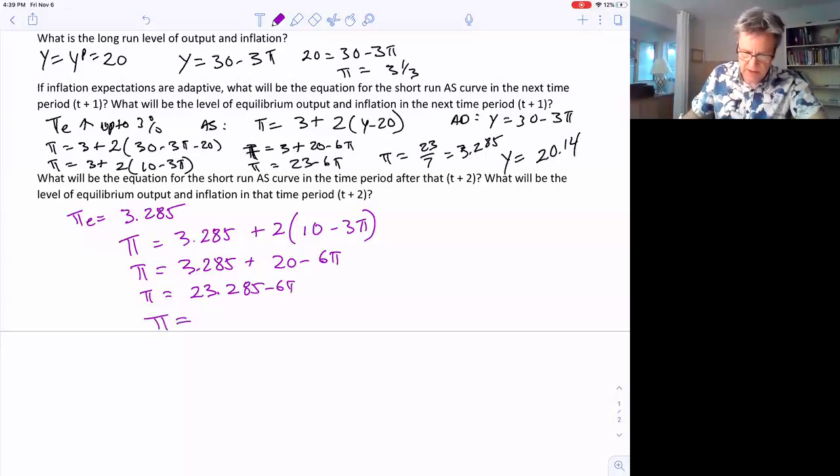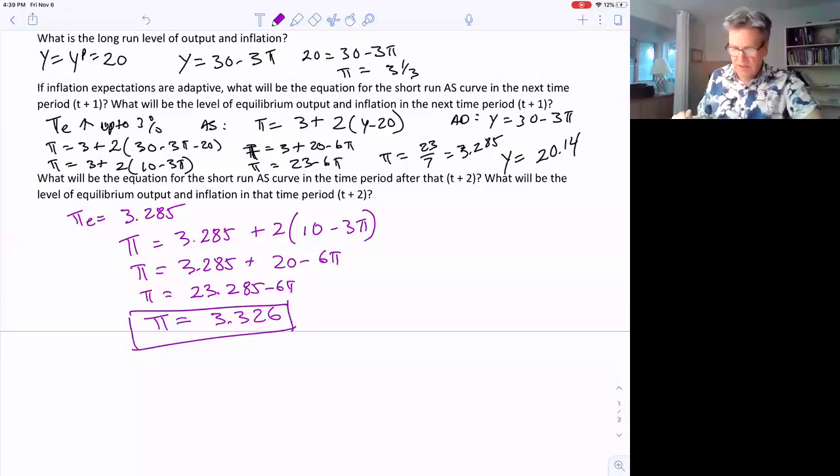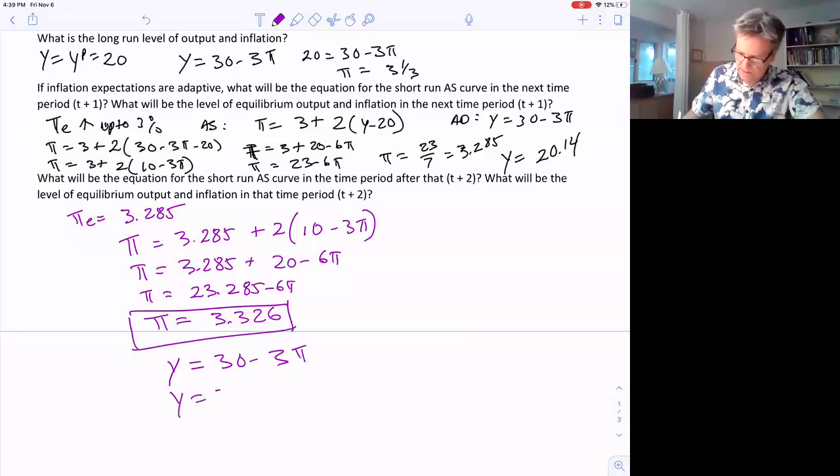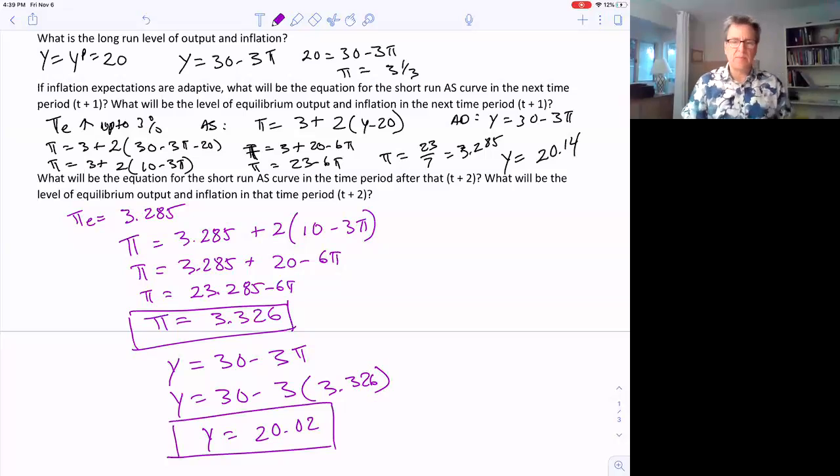I get an inflation rate of 3.326. So now we're a little bit closer to where we're going. And to calculate y, 30 minus 3 times 3.326, I get y equals 20.02. So we'll keep approaching that. We'll get closer and closer to y equals 20 and an inflation rate of 3 1/3.